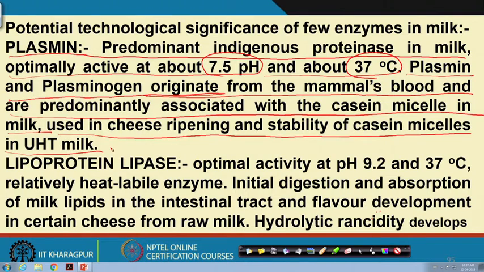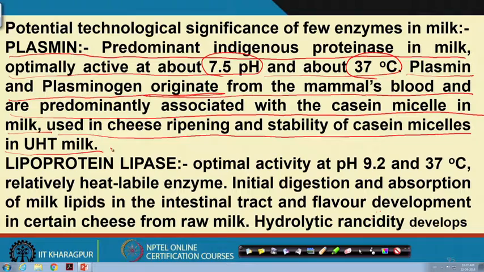Cheese ripening we have also said a little in the previous class: when we go into cheese manufacturing, you will see that there are unripened and ripened cheeses, and ripening is where you develop a lot of flavor and odor in the prepared cheese.